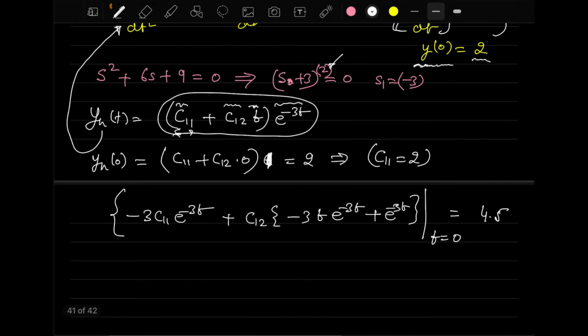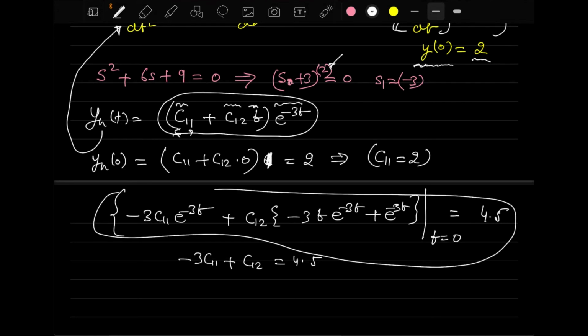So once you do that, what you will get is minus 3 C11 plus C12, and that is equal to 4.5. So this you get once you solve for this particular equation.